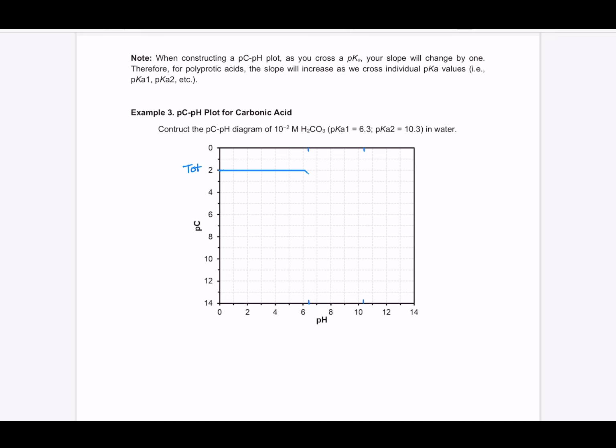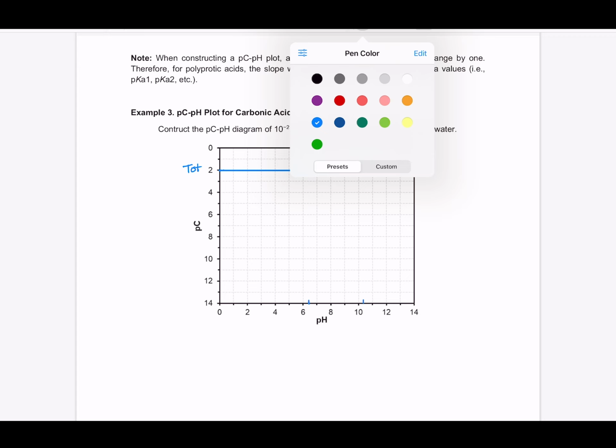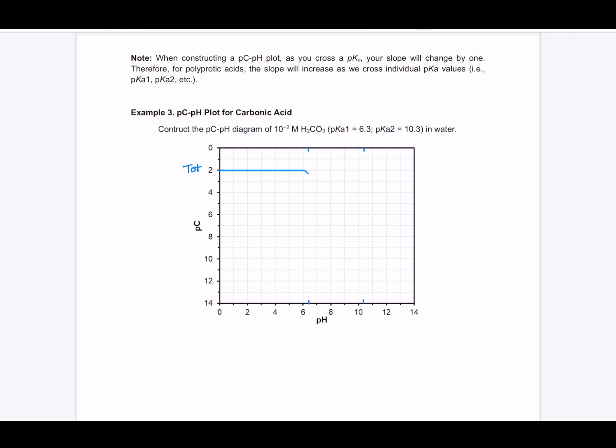Then that goes by. Let me first draw the lines for OH and H plus, because that helps us have a better understanding of the slope of 1 and -1. So this would be OH and H plus. Now the slope should be parallel.